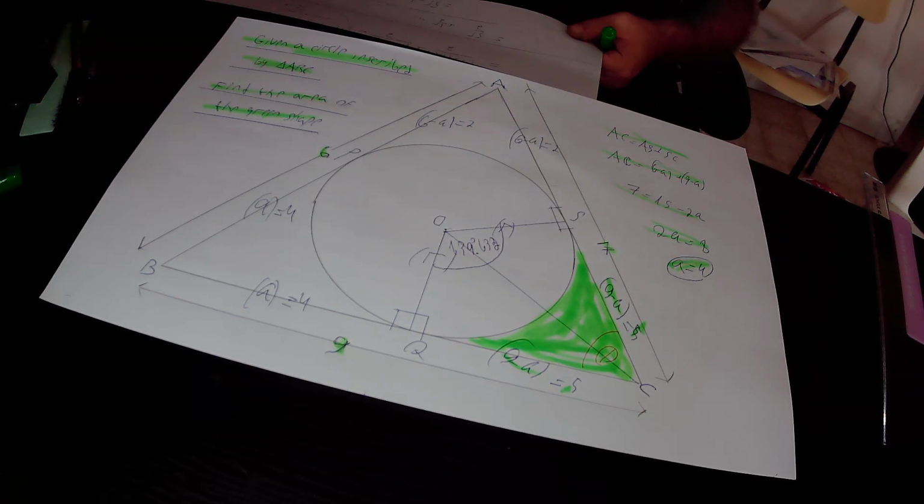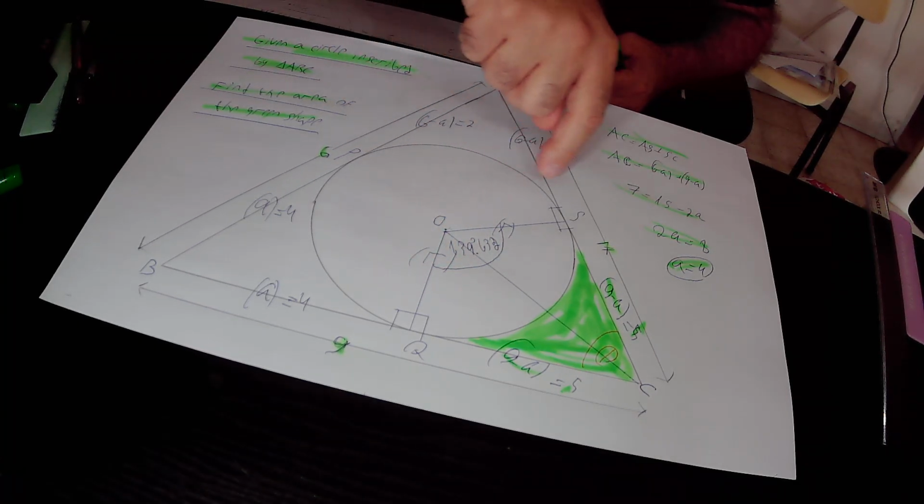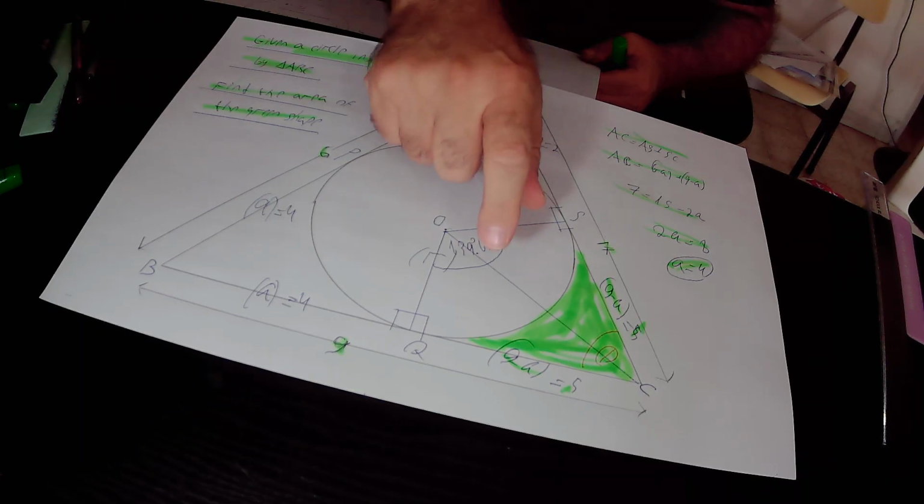It is very easy to see from the drawing that polygon OSCQ consists of two right triangles.